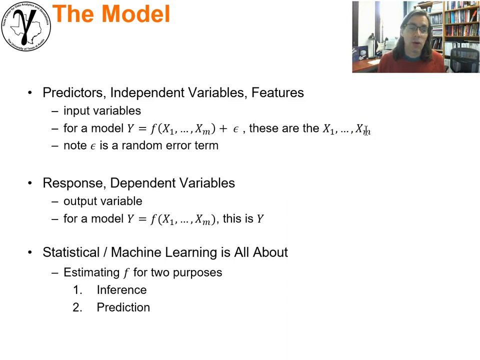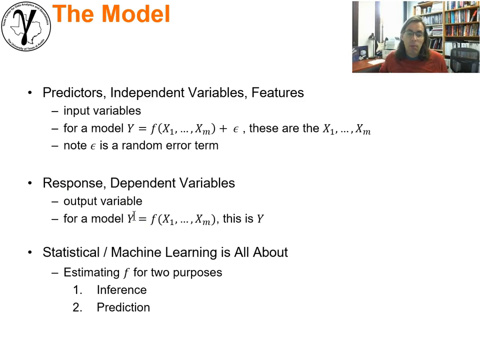That's the input into our model. Now note, of course, as I said before, this term is just simply going to be some form of error. The response, or the dependent variable or feature, is the output from the model. So whereas the predictor was the x's, the response is the y's.